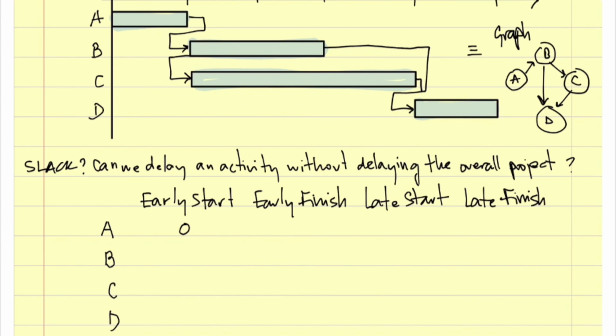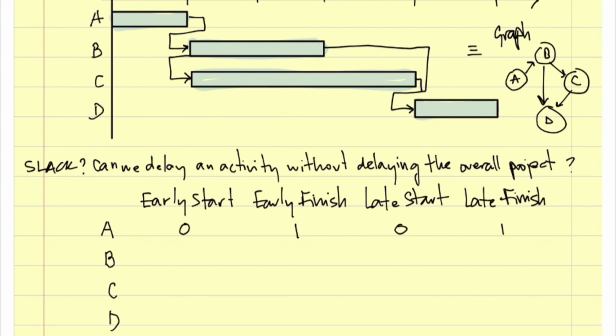This is important for your exam. Can I delay A without delaying the project? If I, let's say, start A on the week 3, what happens with the rest? Yeah, so I cannot delay A. So the latest start without delaying the overall project is 0. Okay? And that's why the late finish is the late start plus 1 week, the duration.